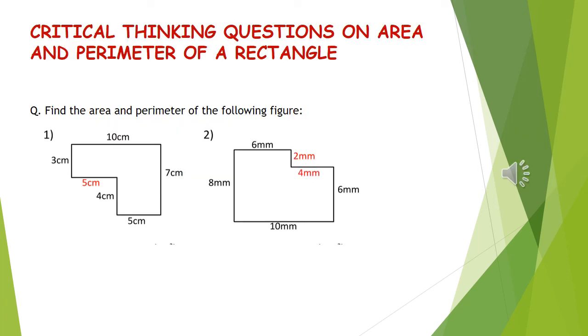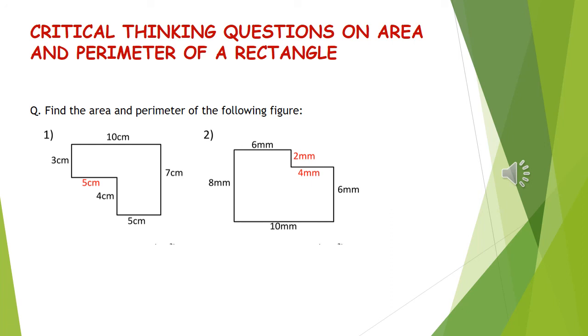Hope you understood all the sums well. Now let us apply the knowledge we have already acquired from these sums and use the formulas for area and perimeter of square and rectangle to solve these two sums. You have to find out the area and perimeter of the two given figures.